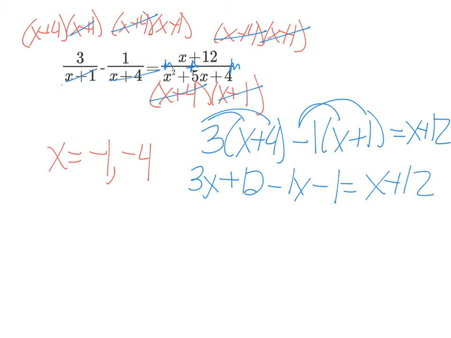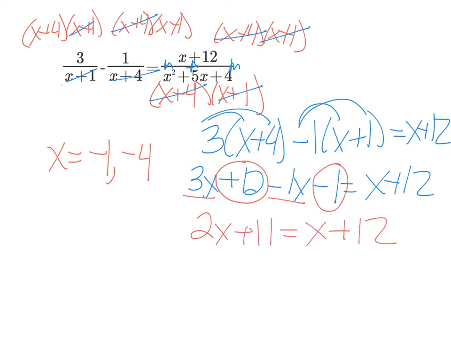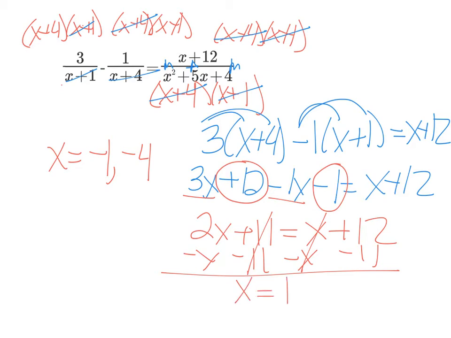Then we combine like terms to get 2x plus 11 equals x plus 12. Subtract x from both sides, then subtract 11, and I end up with x equals 1.